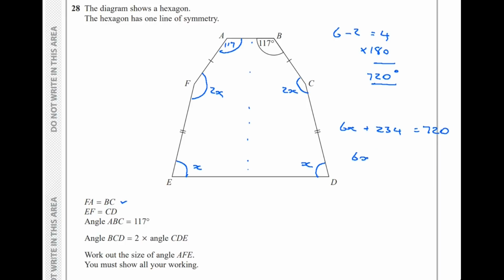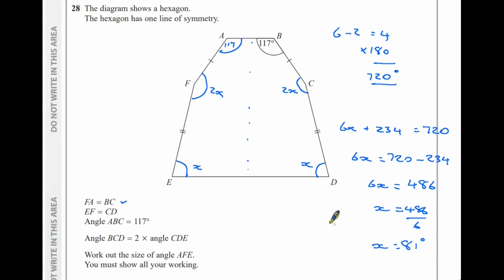That means that 6x equals 720 minus 234, so 6x equals 486. That means that x is 486 divided by 6, therefore x is equal to 81 degrees.